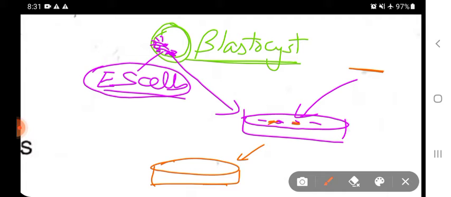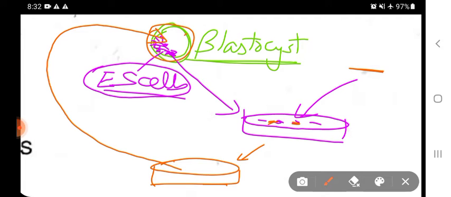Those transformed cells are then replanted into the blastocyst stage of the embryo, and that blastocyst is then implanted into a female animal, maybe a third party.